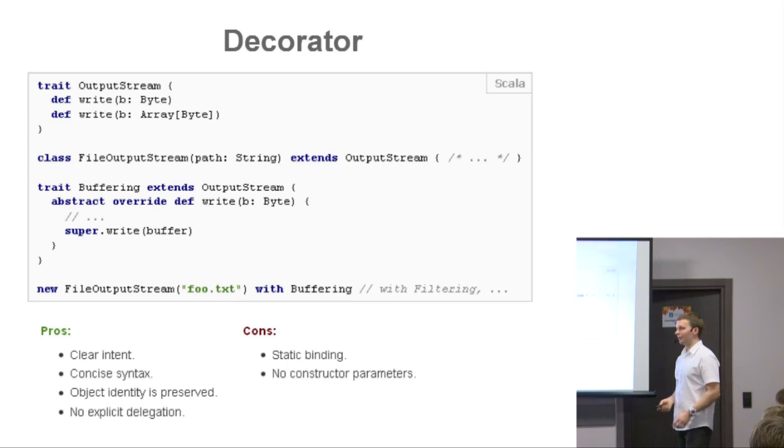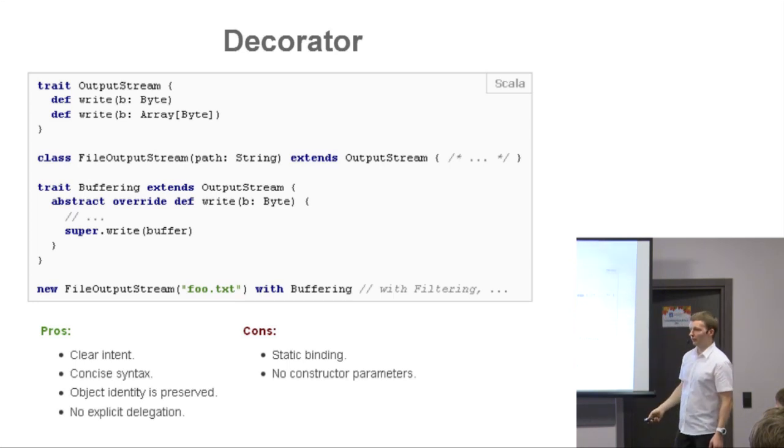Abstract override means that we can override a method that has no concrete super method in the place of declaration. So we are declaring that we are overriding a method, and we can even call super, yet there is no super method because OutputStream is an interface. So the write method is abstract.